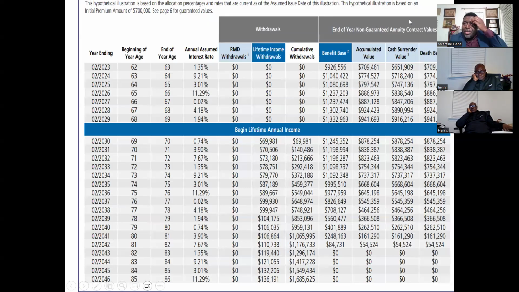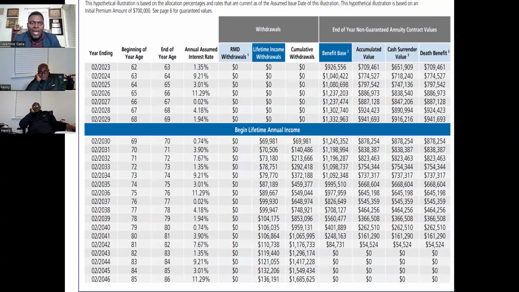So if we look at this annuity here, this is a real life annuity that I wrote for a client that is still active. I wrote this one in 2023. They brought $700,000, and I wrote an annuity. This annuity pays what we call a bonus for bringing that money. So they paid this client about a 30% bonus on the money they brought in.